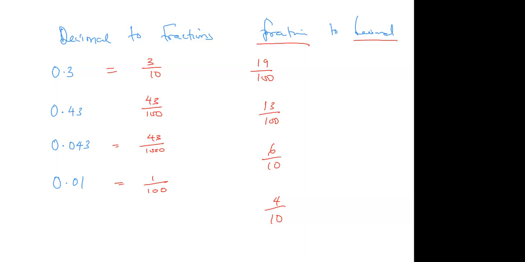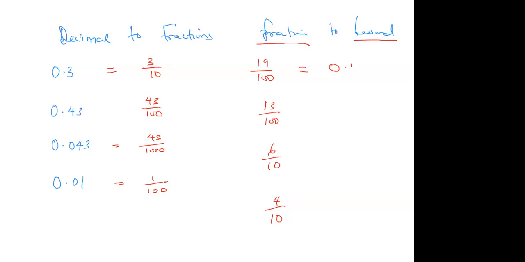So, what's the answer for that? Can I have a go? Yeah. It's 0.19, 0.13, 0.6, and 0.4. Anybody again want to tell me the answer, just to know that everybody is right?